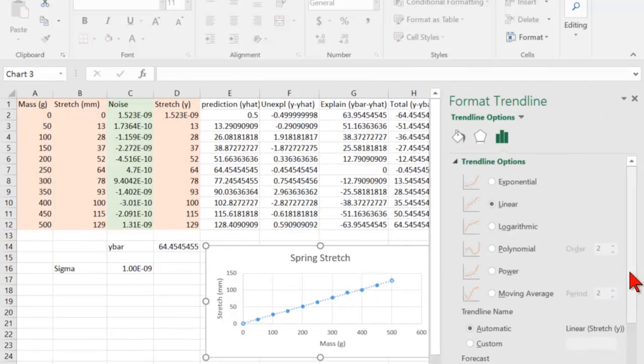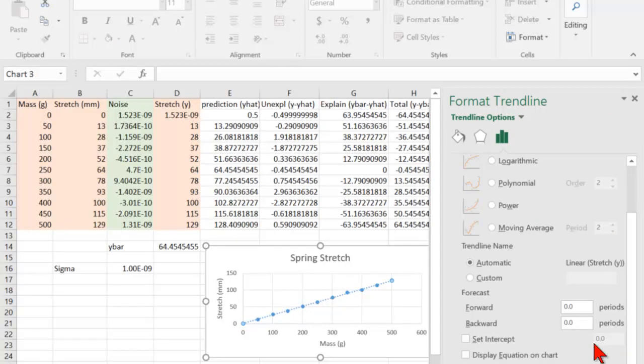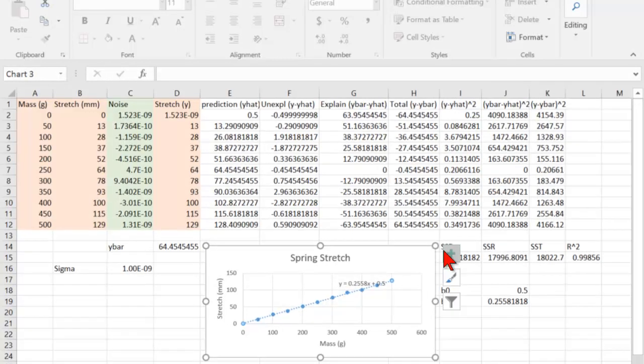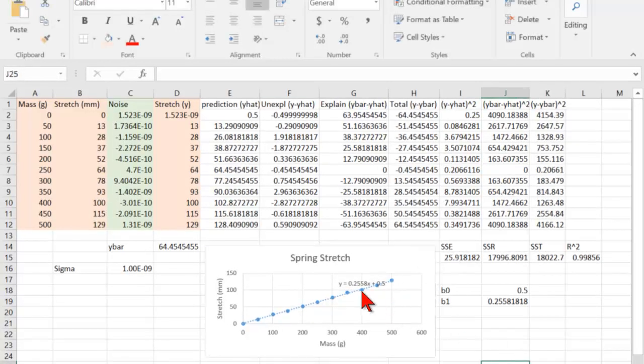I'll add a linear fit or a trend line here, and let's display the equation on the chart. So here it is, y equals 0.02558x plus 0.5. And over here, I have captured those numbers so that I can use them in the rest of the spreadsheet. On to column E. Now we want to predict the amount of stretching using our linear model.